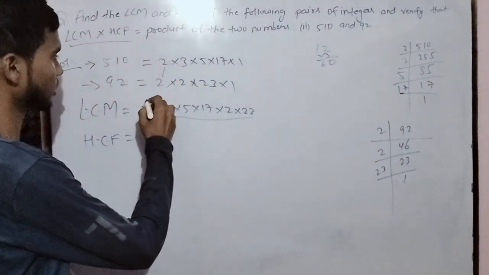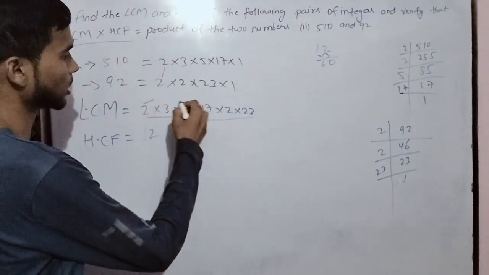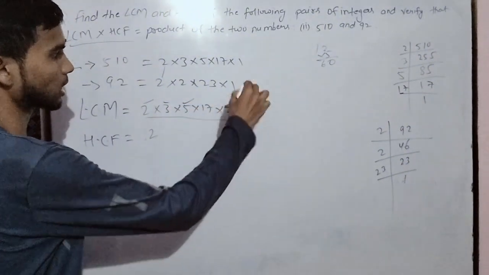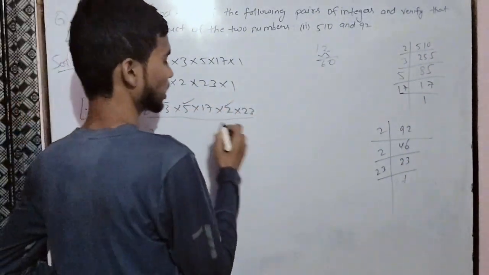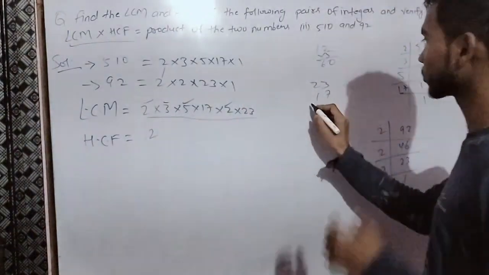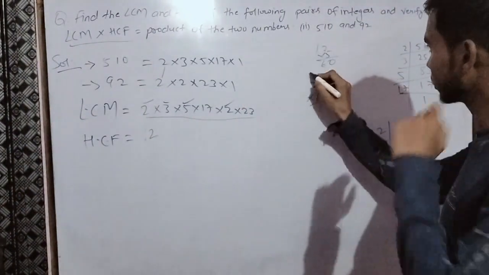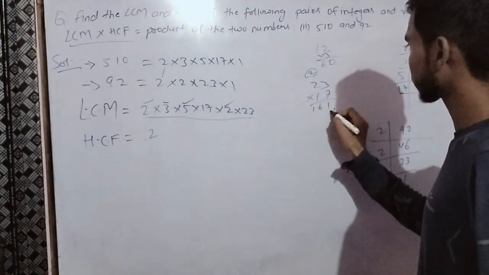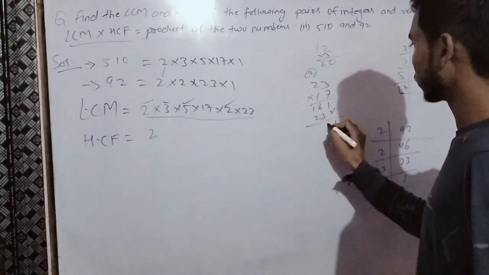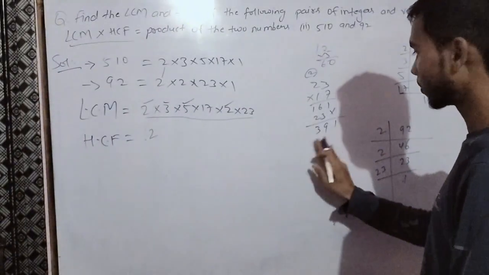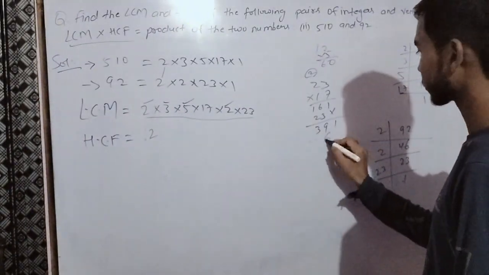So we have 2 3s are 6, 6 5s are 30, 30 2s are 60, and then we will multiply 23 by 20. 1 2 14 and 16. 14 1 9 3. So here then we will multiply this by 16.